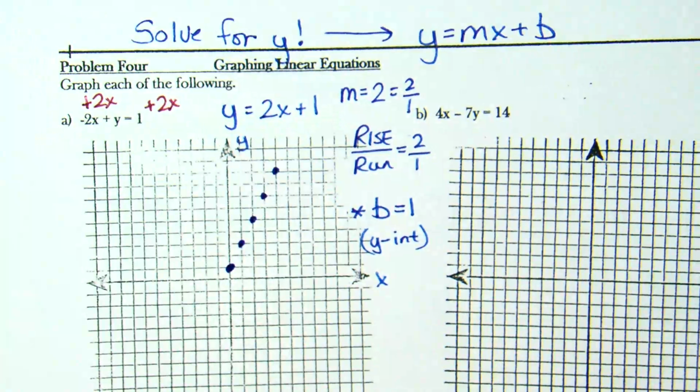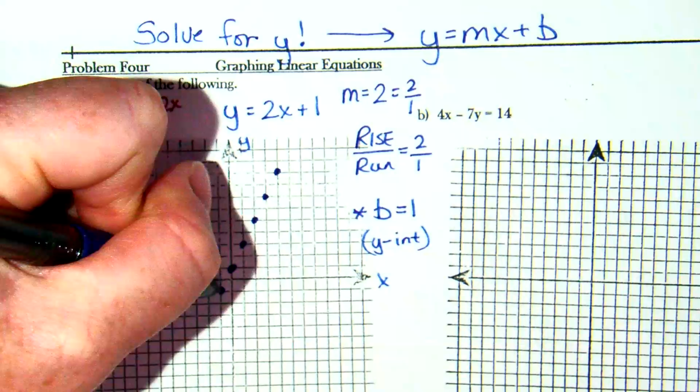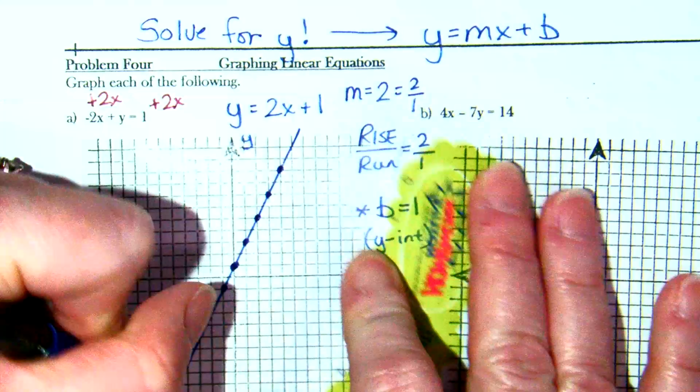If you're going up 2 and right 1, the exact opposite of that is to go down 2 and left 1. You can make as many points as you want. You only need 2, but a few extra dots will help you keep the line a little bit straighter. That's always my opinion. And I always draw my lines to fill my graph. I don't just draw a small portion of the graph. I draw it to fill the graph.